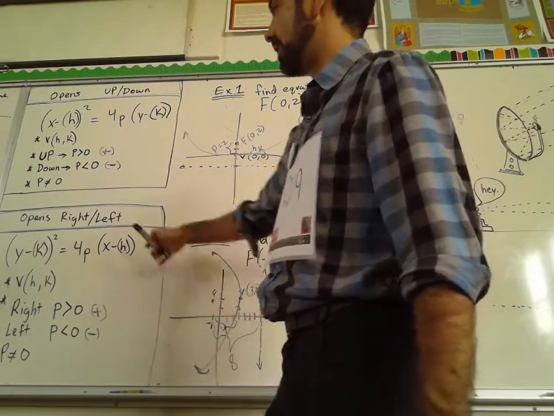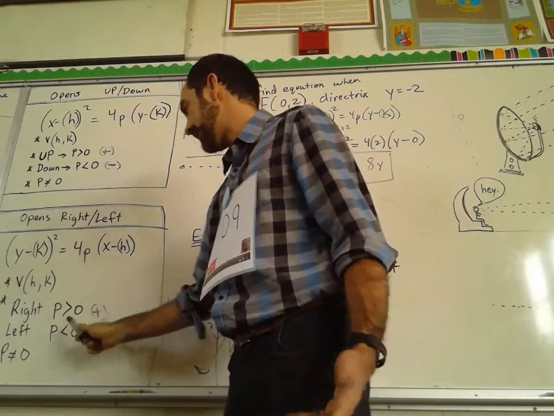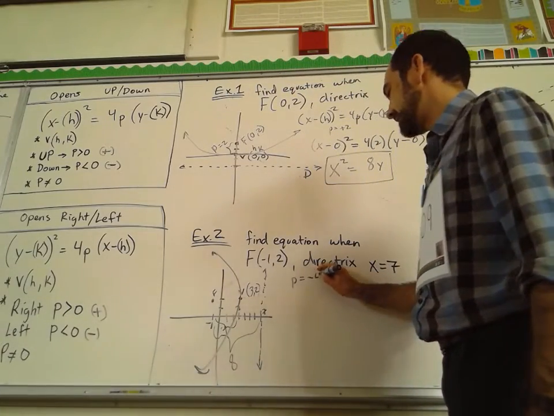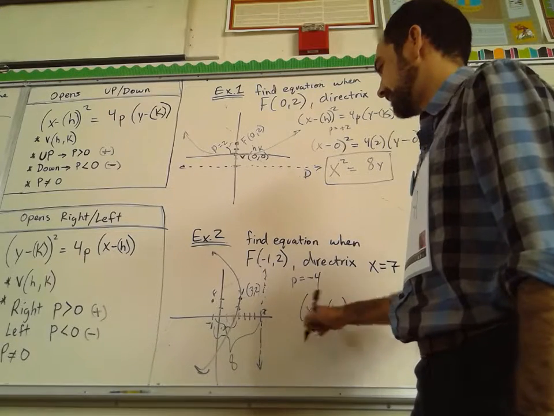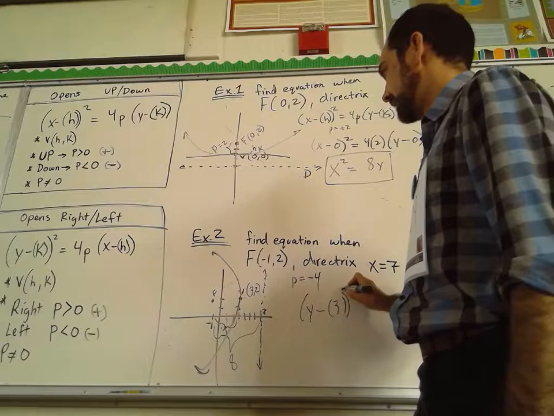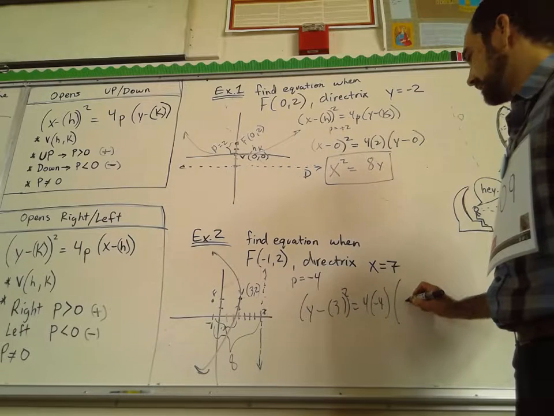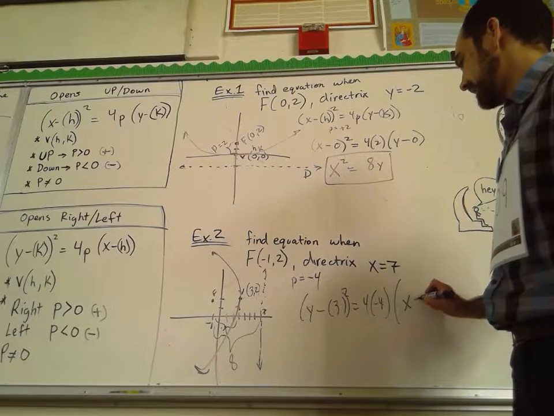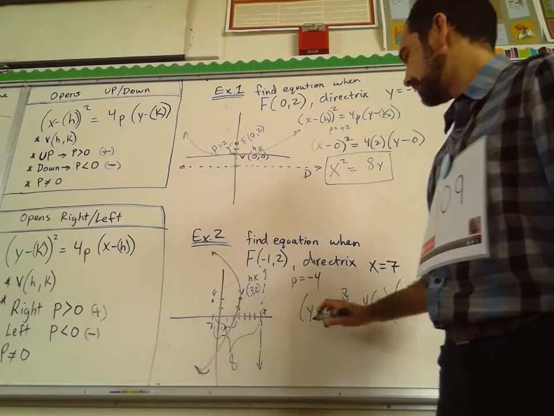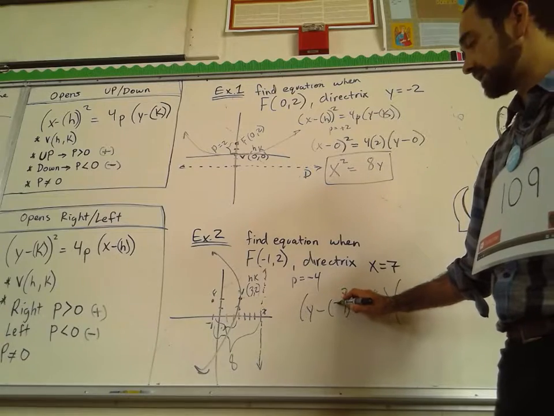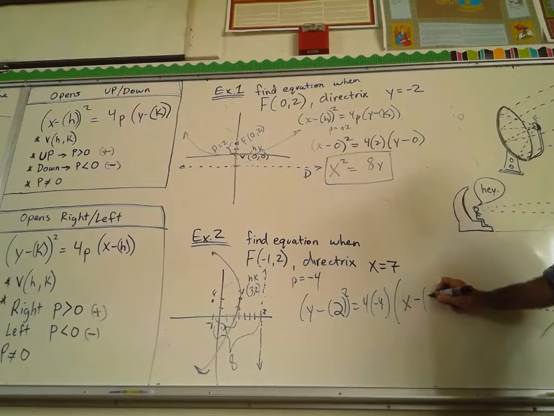So opening right or left, first I'm just going to copy this down. I know that it opens to the left, so P has to be negative. So P is negative 4. And then watch, I'm just going to put everything in. Y minus K, K is 2, squared is equal to 4 times negative 4, times X minus H. H is 3.